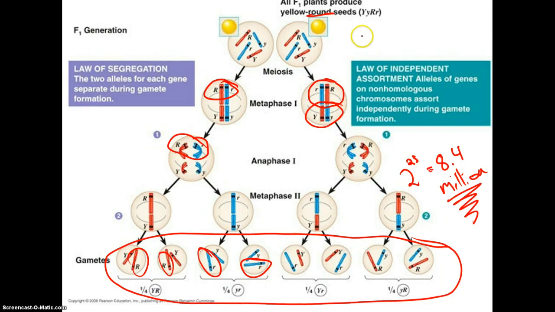Then if you want to be really cool, take 8.4 million times the other 8.4 million, one from the egg and one from the sperm, and you have 70 trillion possible combinations of DNA that make you or me. So you truly are unique. You are 1 out of 70 trillion combinations of your mom and dad's DNA.